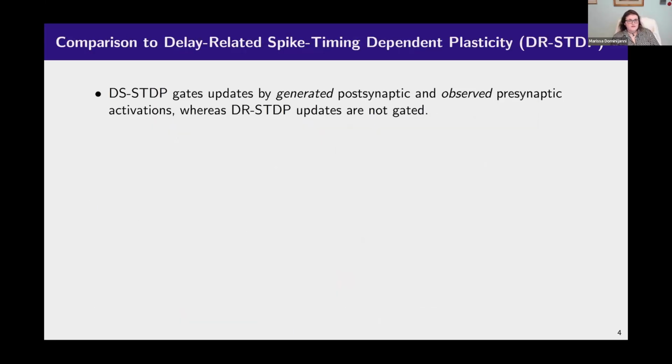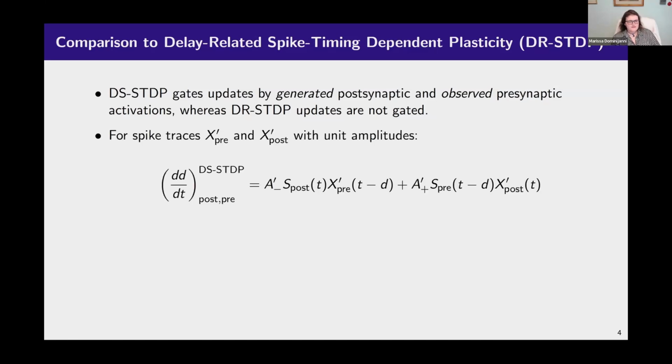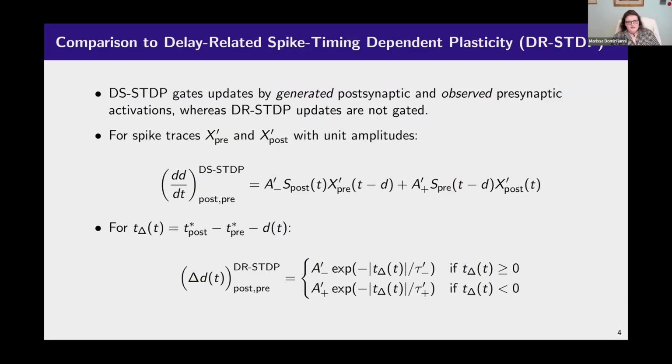We wanted to compare it directly to delay-related STDP, which is the work from Nadafian previously referenced. The big thing here is that we're gating updates by generated postsynaptic and observed presynaptic activations versus just having them ungated. To make this a little clearer, for DSSTDP, given two spike traces, we have the trace term, the gating term, and then we have the learning rates, A, versus using the offset and then the direct exponential on that.